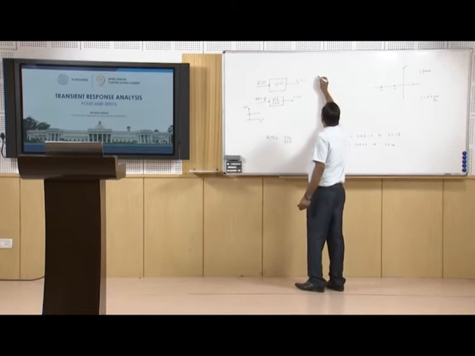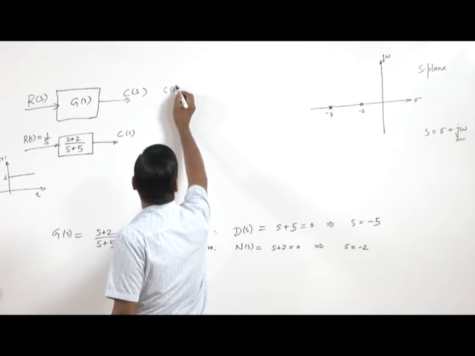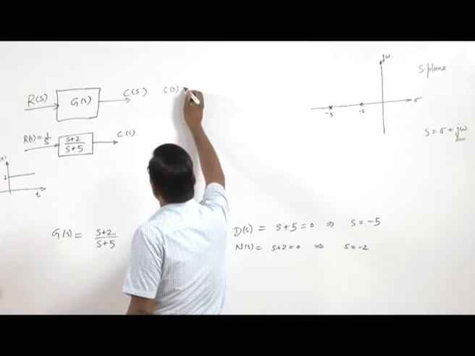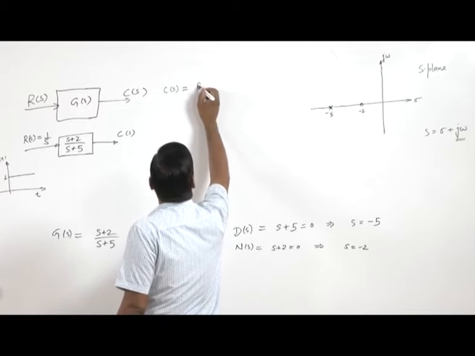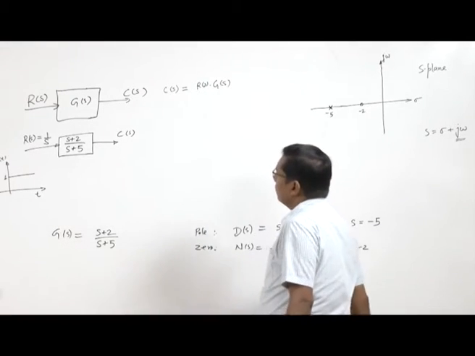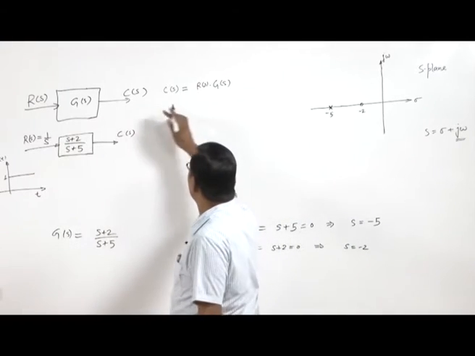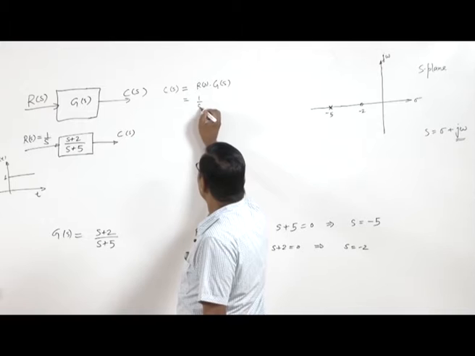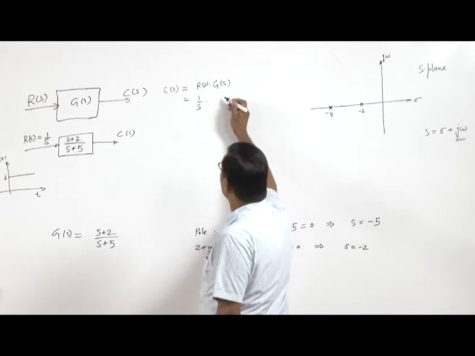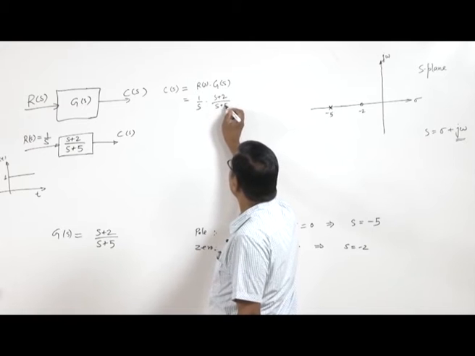So here we have C(S) equals R(S) into G(S). R(S) is 1 by S and G(S) is (S plus 2) by (S plus 5).